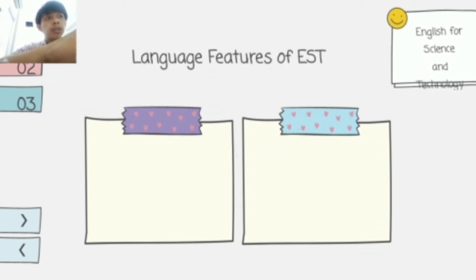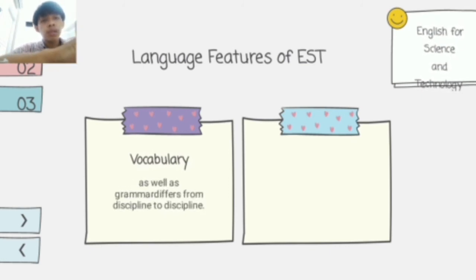Next, in the next slide we have language features of EST. First, we have vocabulary as well as grammar, as grammar differs from discipline to discipline. The grammatical and lexical features of language used for specific purposes are by definition specialist, and not a routine part of a native speaker's repertoire (Hutchinson and Waters 1987).